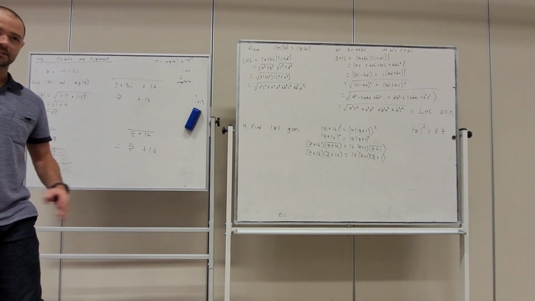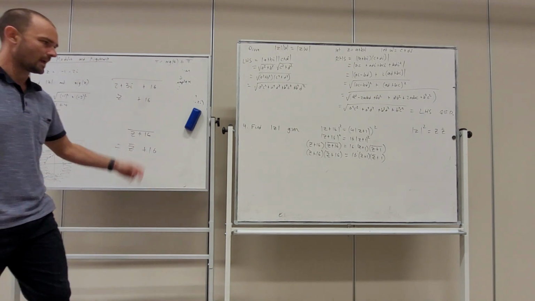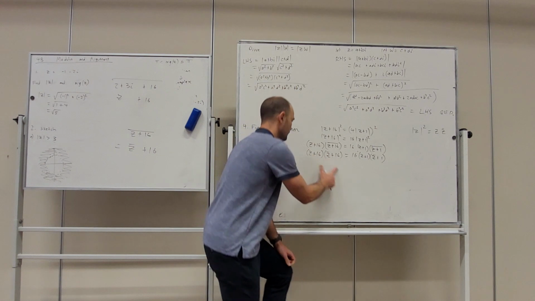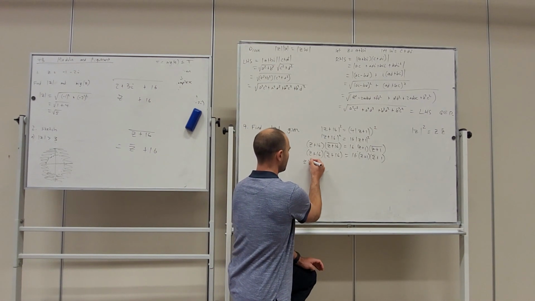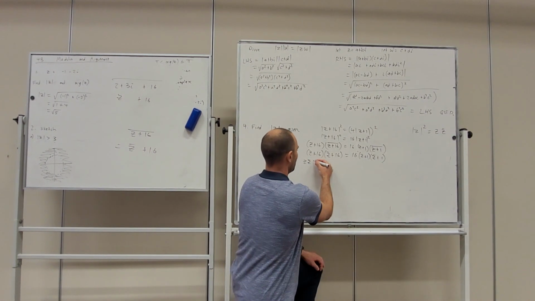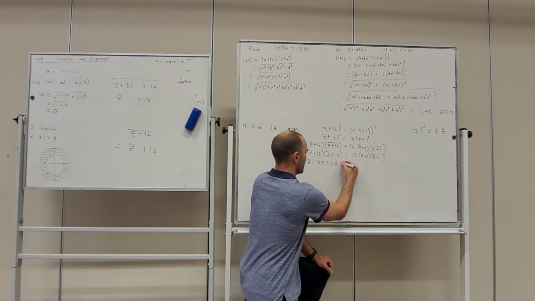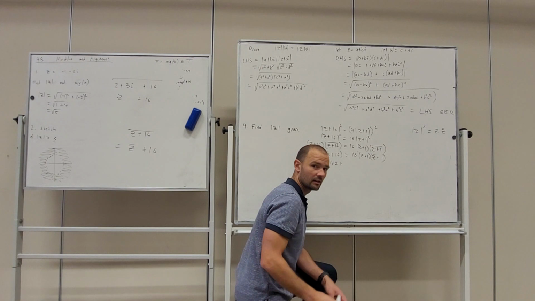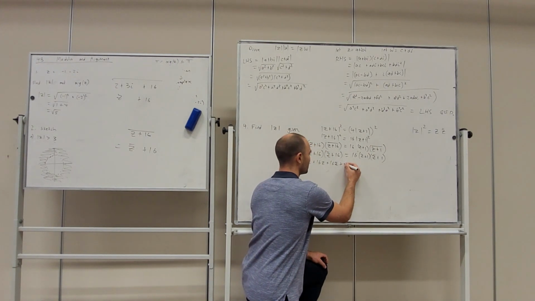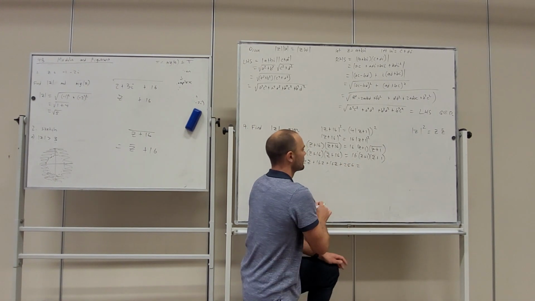On the left-hand side and the right-hand side, we're just going to expand. So here we won't have z squared, but we'll have z times conjugate of z, and then we'll just FOIL: 16z, 16 conjugate z, and then 16 times 16, 256.